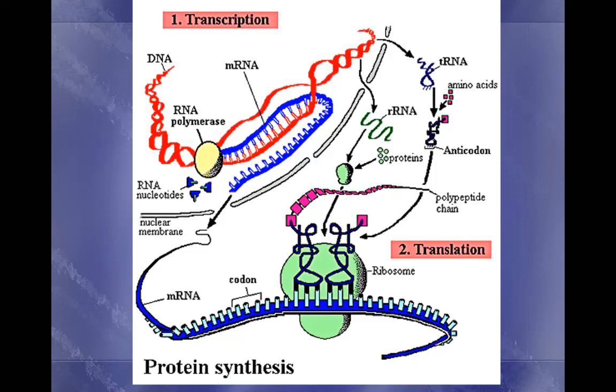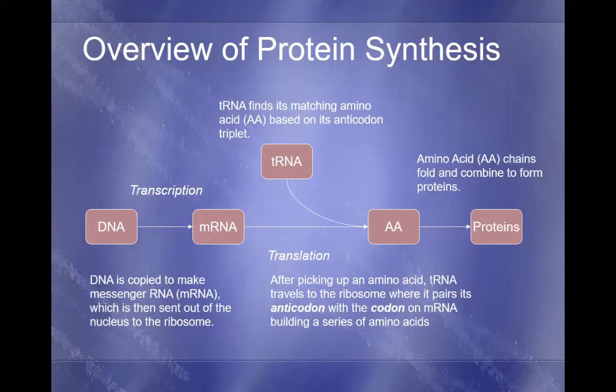We have now covered all of the pieces of protein synthesis, starting with transcription, which takes place in the nucleus because that's where the DNA is. We don't want the DNA to be damaged, so we leave it in there, having the original blueprint protected. We copy the DNA into mRNA, but first we have to unwind and unzip it.